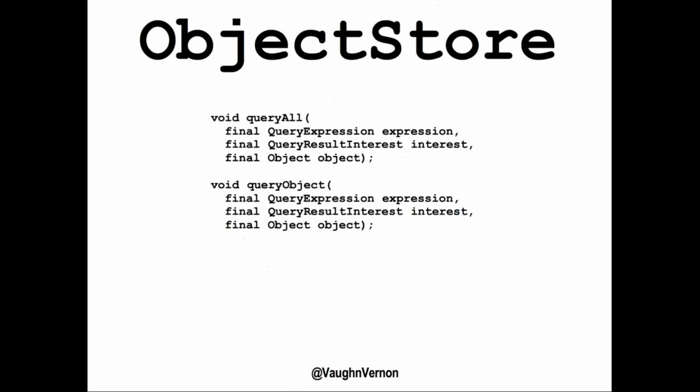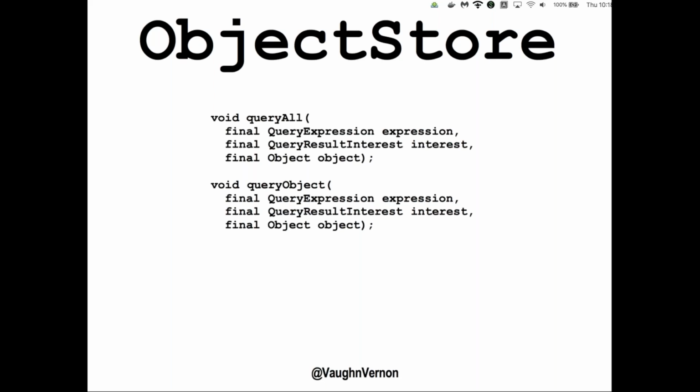To query, you use a query expression, which is provided by vlingo Symbio, the component that defines the object store, the state store, and the journal types. This query expression gives you a way to abstractly provide an expression for any kind of database.